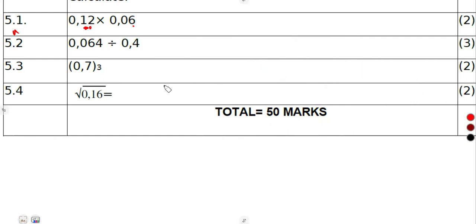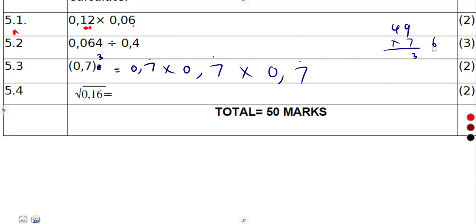Prove that the answers are the same. This was to the exponent of 3. So it simply means 0,7 times 0,7 times another 0,7. So multiply the numbers. 7 times 7 times 7. 7 times 7, that's 49. Times 7, that's going to be 343.